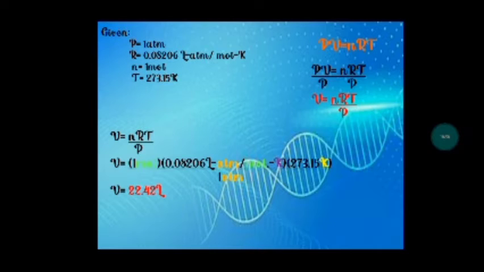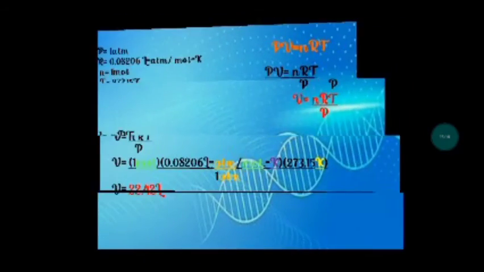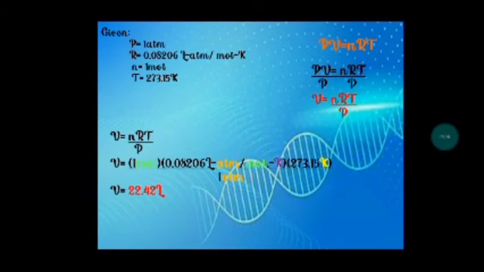Because we're asking for the volume, we derive the formula. PV is equal to nRT, divide both sides by P to get V. So V is equal to nRT over P. This is now our formula for getting the volume.